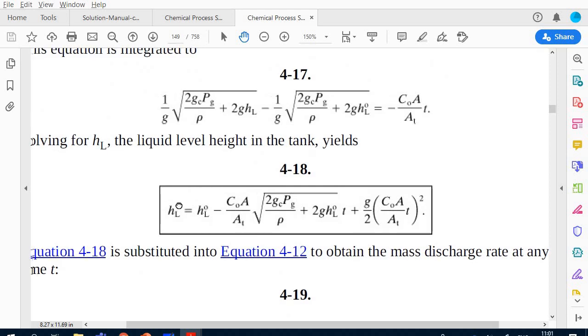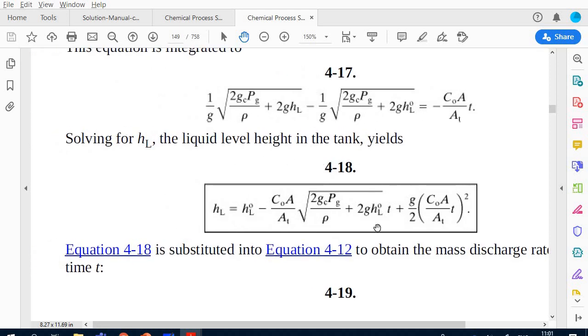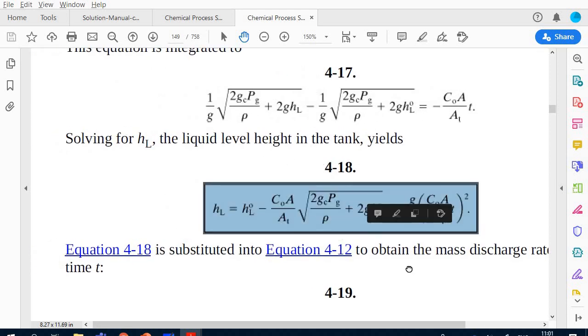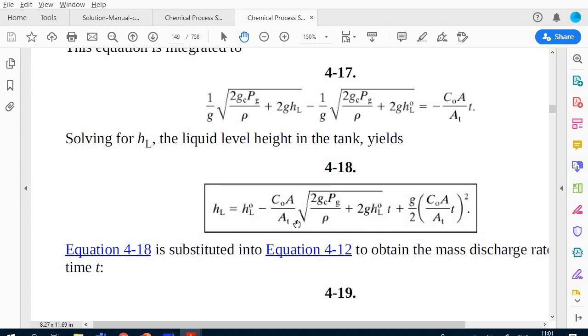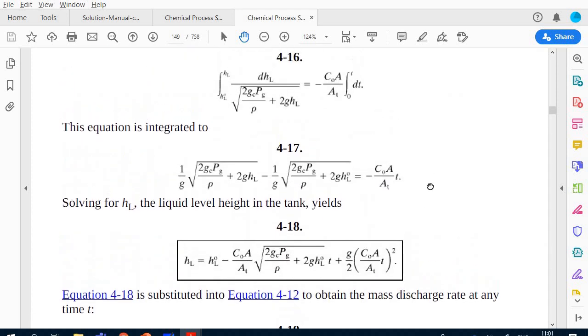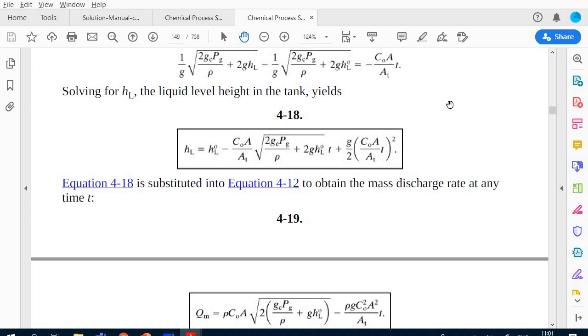Okay. Again, what is HL? Solving for HL, the liquid level in the tank. So if I have HL and HL naught, I have all the other values. I have PG equal to 0. So I can calculate the time T here. It's as simple as that. It's only an equation that you're going to substitute.